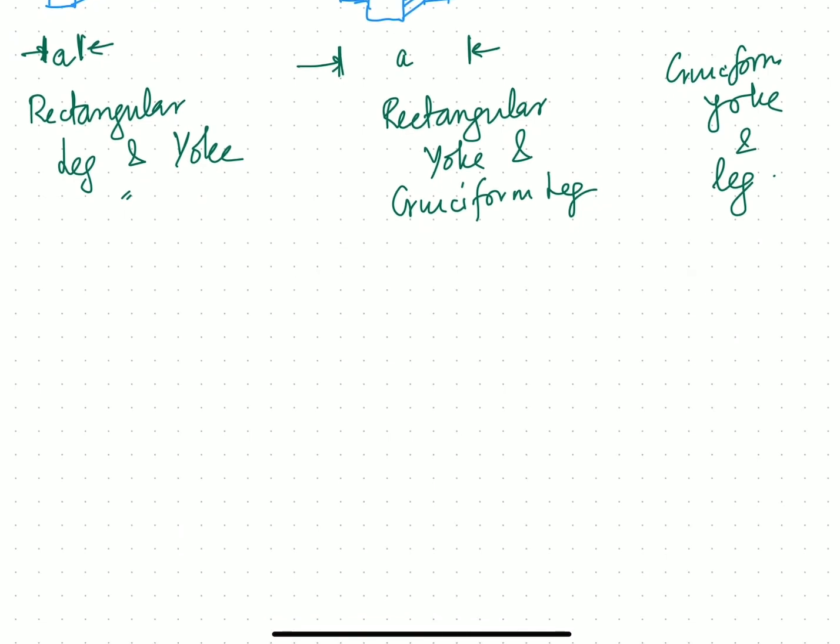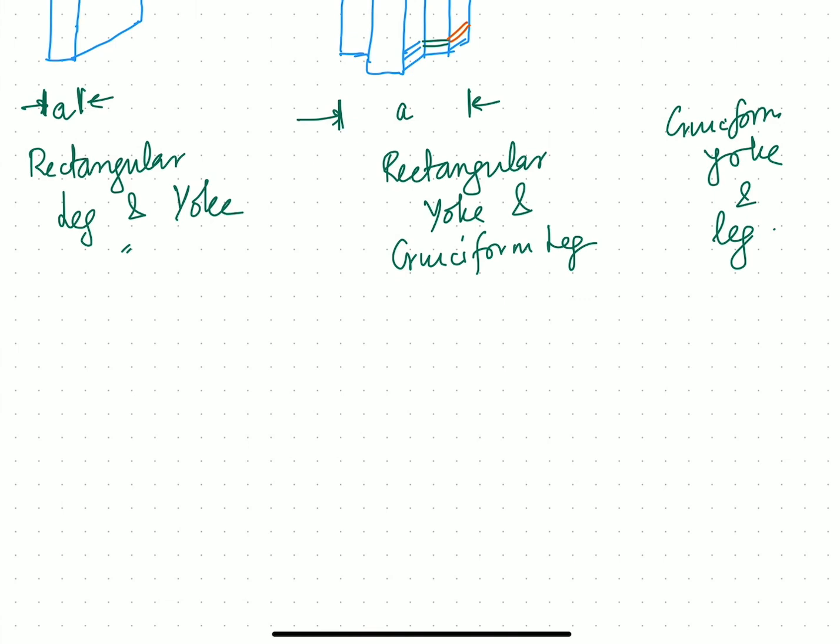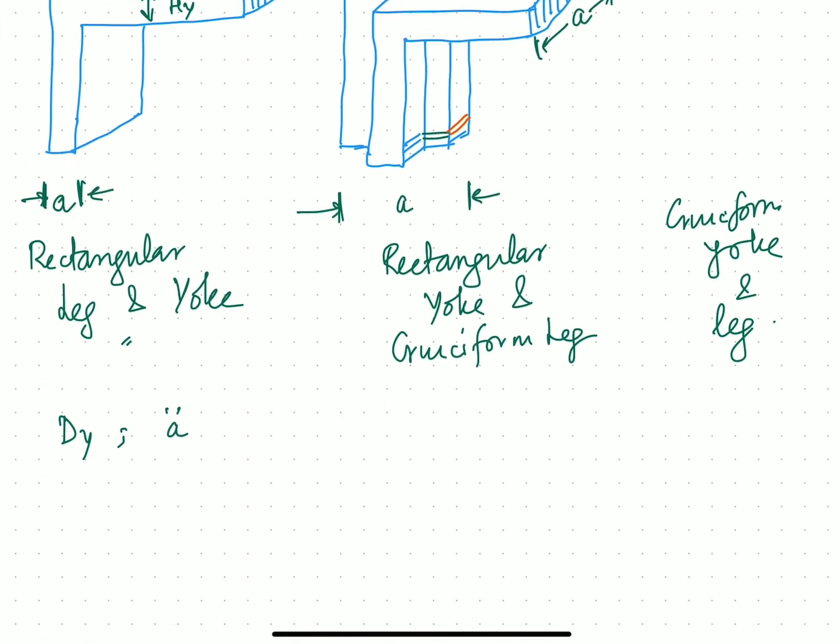So for a rectangular yoke, as in this case, the depth dy of the yoke is going to be the same as the depth of the core, and this is equal to the largest core stamping A. I'll write this down for you.